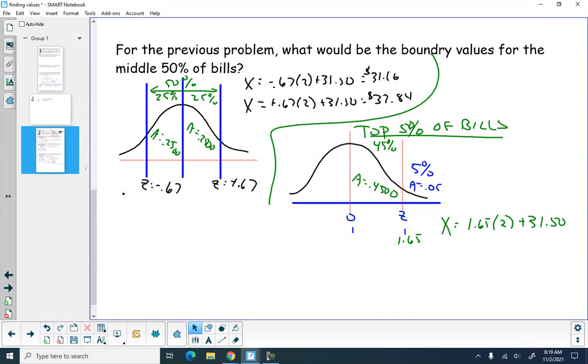So to be in the top 5% of the bills, you want to show off and be the big spender. What would your bill be?